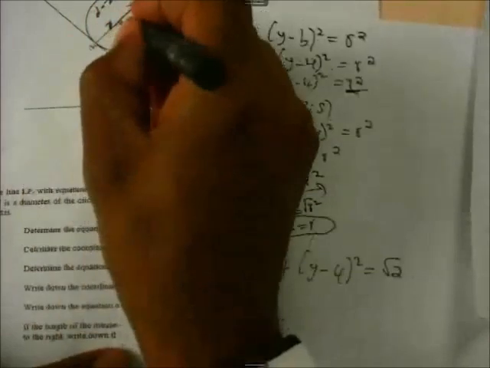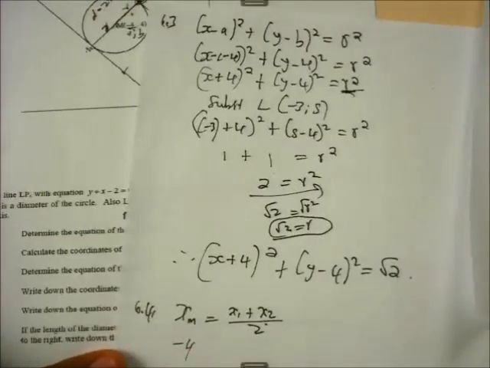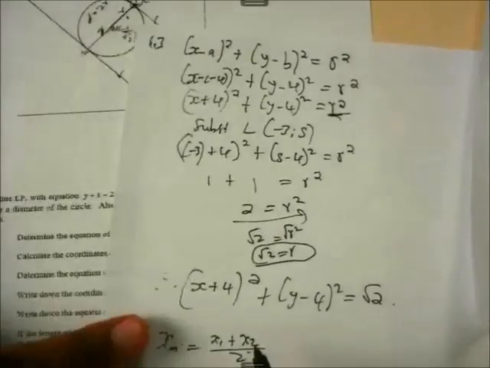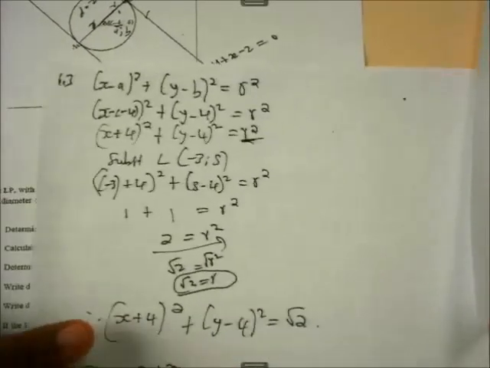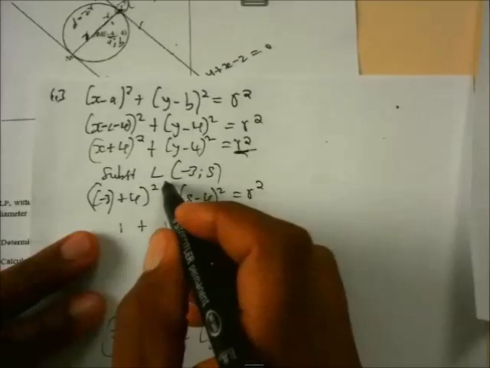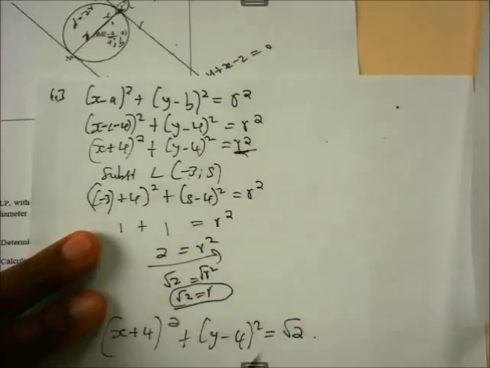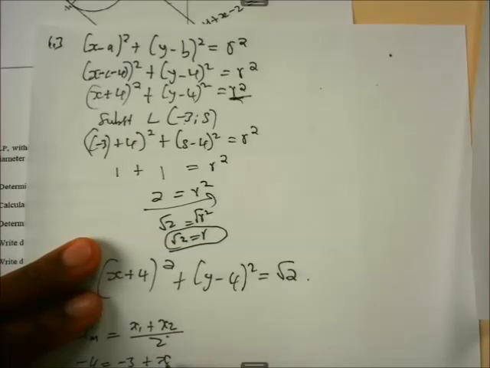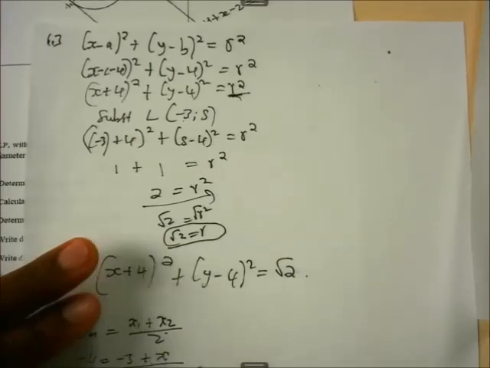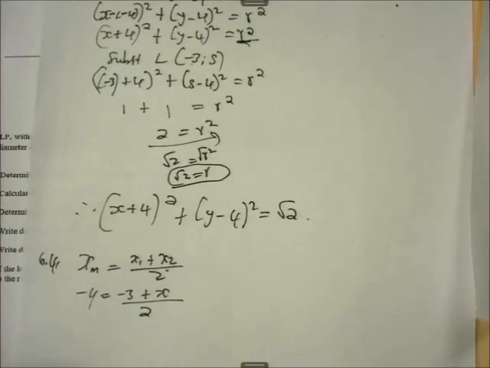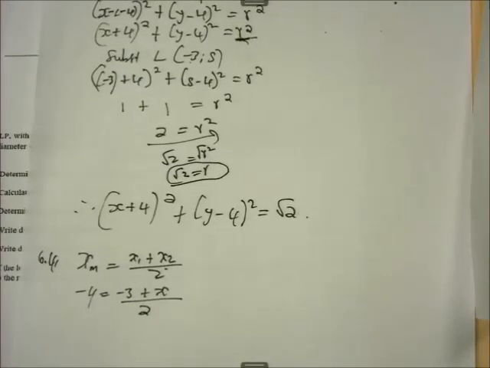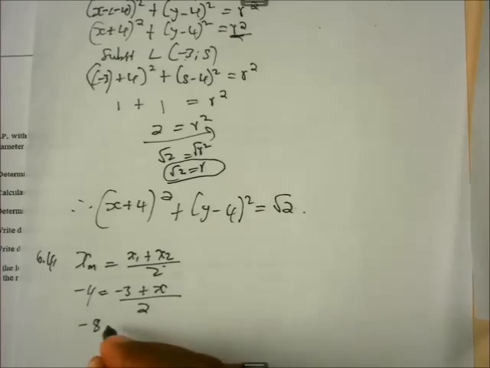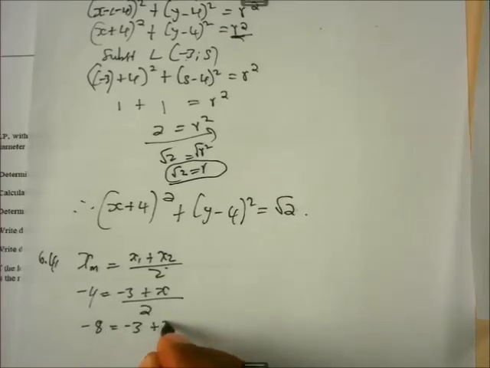The coordinates of L have x equal to minus 3, so minus 4 equals (minus 3 plus x2) divided by 2. Cross multiplying, 2 times minus 4, which is minus 8, equals minus 3 plus x.